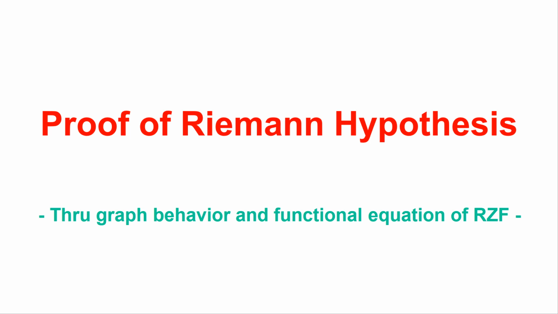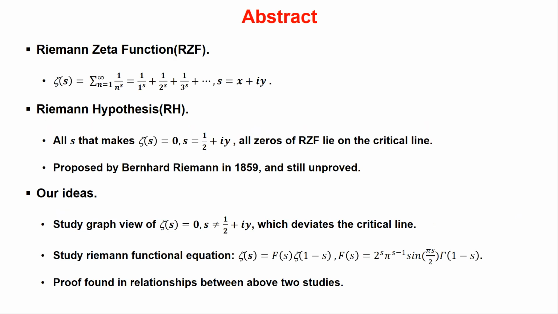In this video, we'll present a proof of the Riemann hypothesis through graph behavior and the functional equation of the Riemann zeta function. The Riemann zeta function is given here. It is a function of a complex variable s.